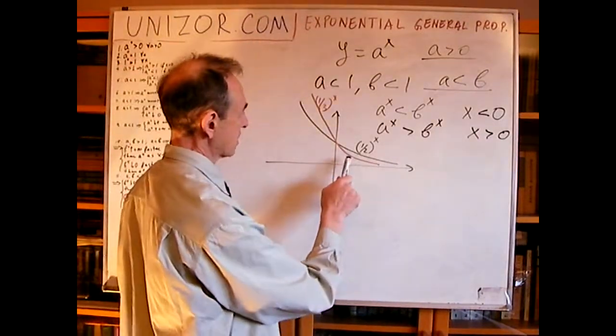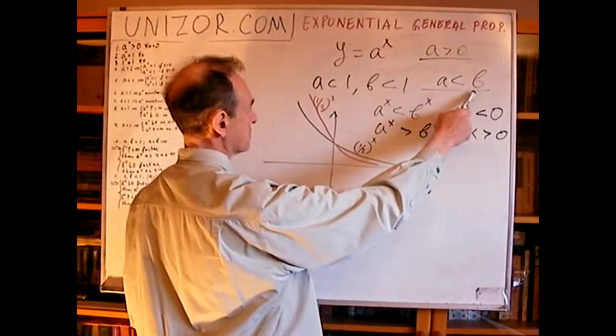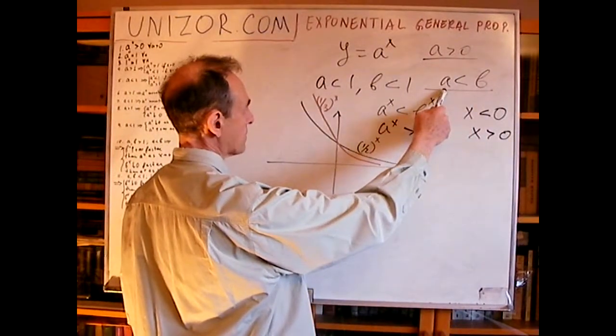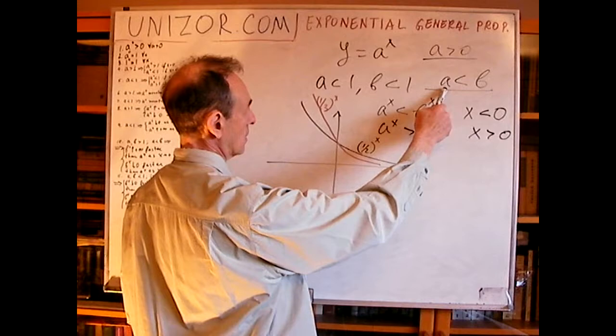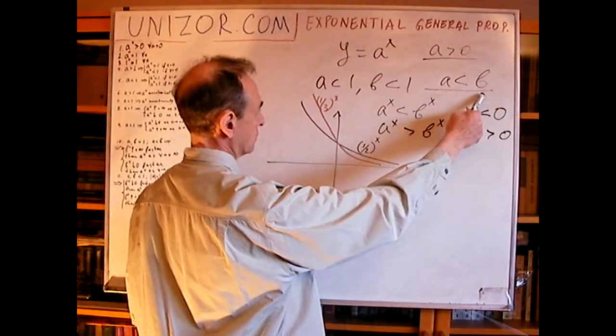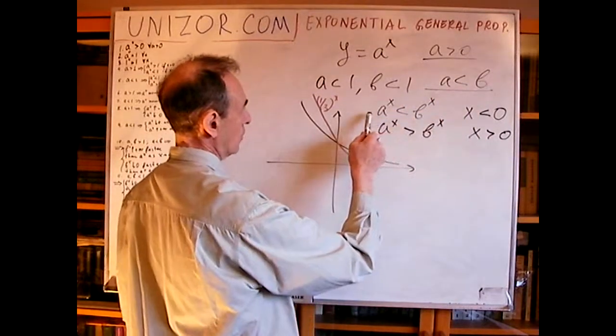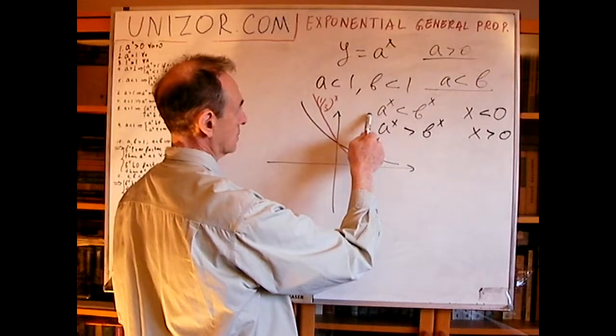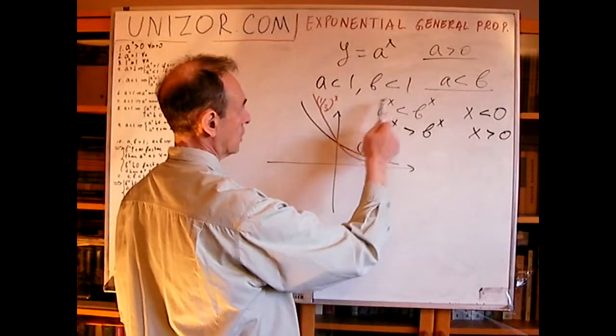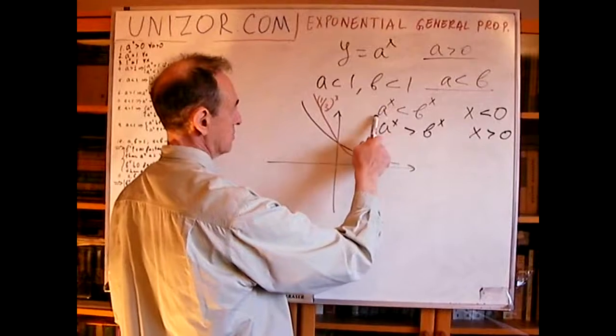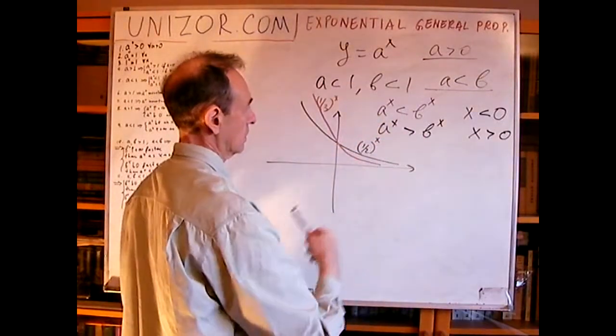The graph I know is correct. So if a less than b, so a is 1/3 and b is 1/2. So 1/3, no, yes. A is 1/3, b is 1/2.